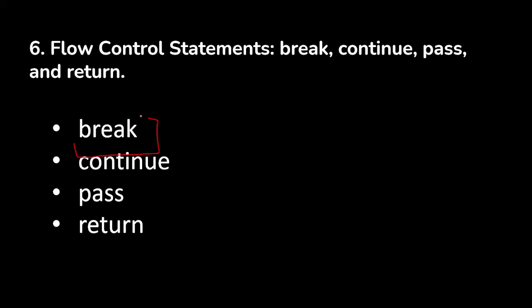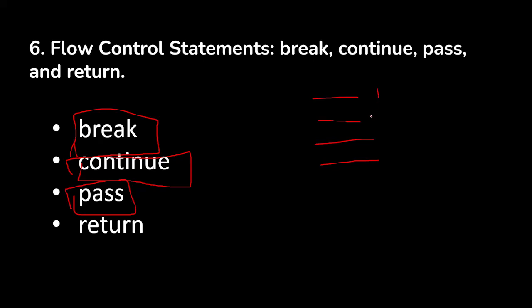Break we use in looping statements. Continue is also a looping statement. See, there is a big confusion with pass and continue. Just imagine you are having a loop 1, 2, 3, and 4. If you are using continue in between, it will just get the for loop to the next iteration, like the second one, right?